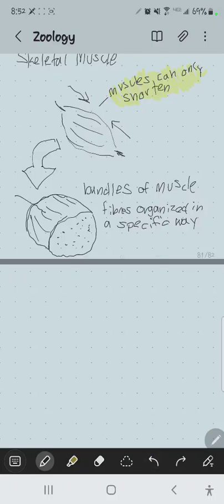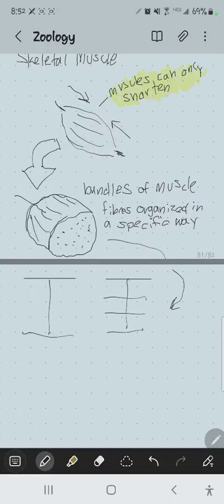Let's go ahead and draw a model of how this goes. Okay. So what we're talking about here is these little fibers that are sticking out here. If I were to pull the fibers out, we saw this on our skeletal muscle on the exam. We saw the fibers running like that, and then we saw that artifact, or the cross-hatching on the fiber.